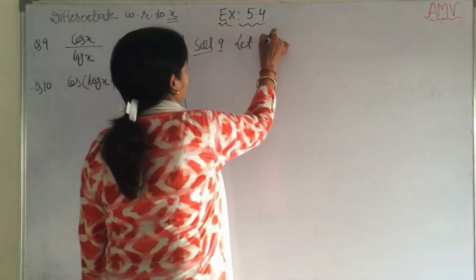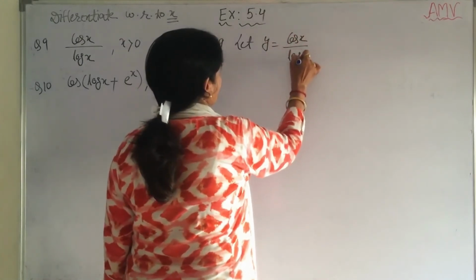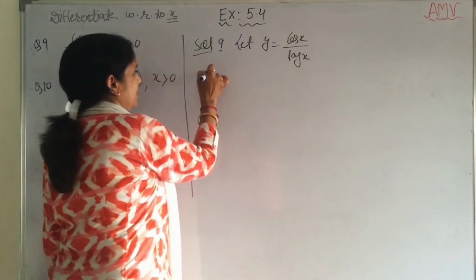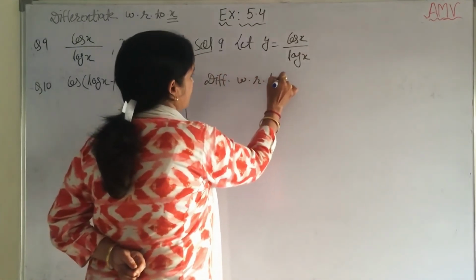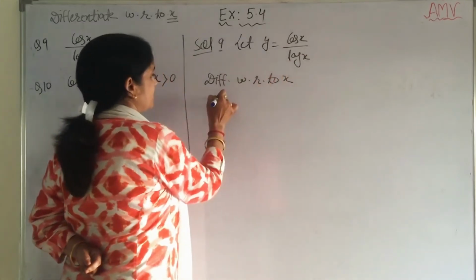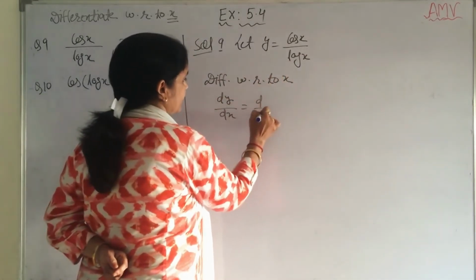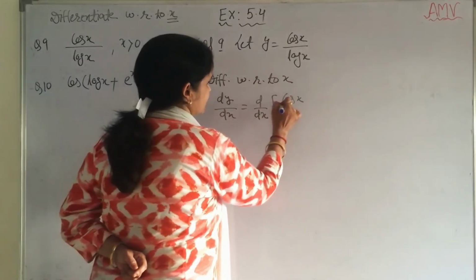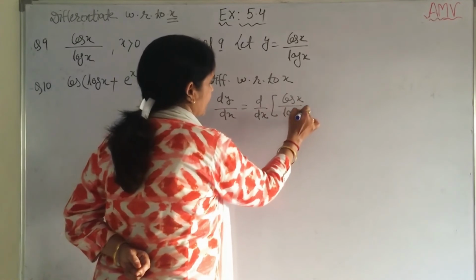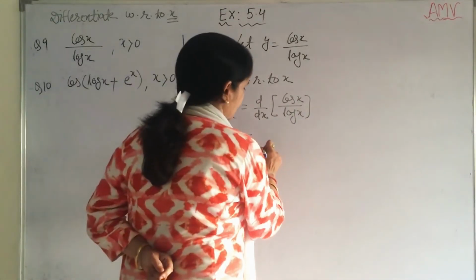Let y is equal to cos x by log x. Okay. And differentiating with respect to x, y becomes dy by dx. Okay. And here it is d by dx of cos x by log x. Now here apply the quotient rule. Okay.